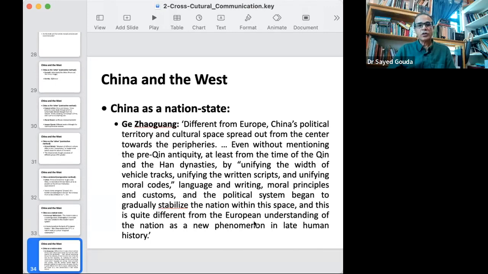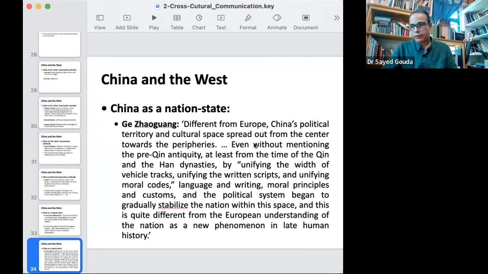And so China should not be judged or measured according to some Western understanding or Western methodologies. This modern nation state concept cannot be applied to the ancient history of China, because that nation state of China existed well before the 17th century.